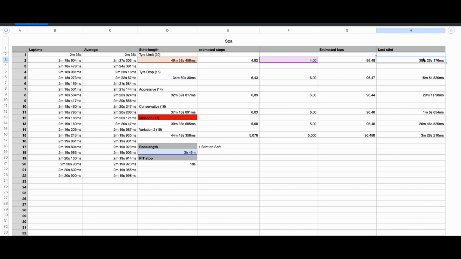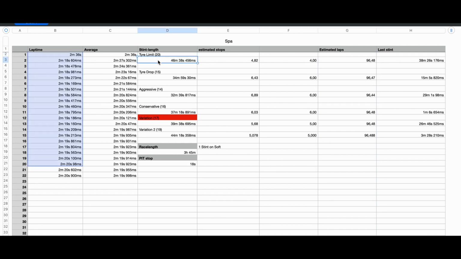At this point, simply due to the fact that the times are very consistent, we will see that we roundabout drive the same amount of laps with different pit stops, but now we have to find out which one works out best for me, or let's say for you, and what we have to consider to find this out.